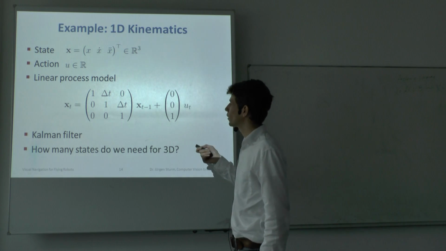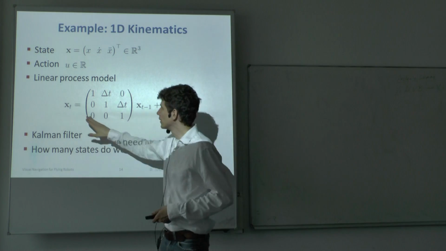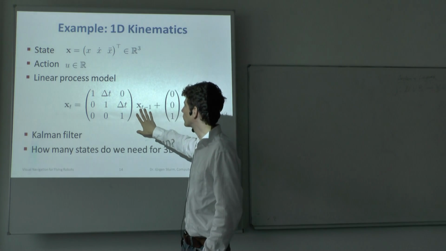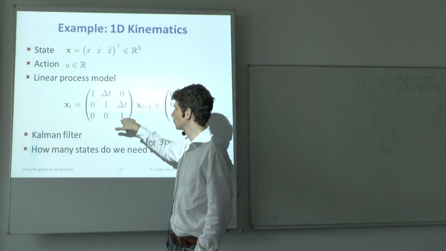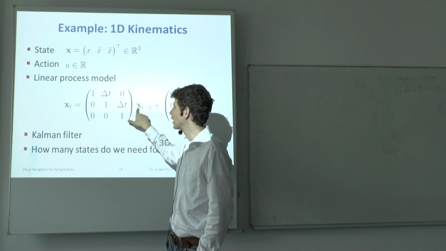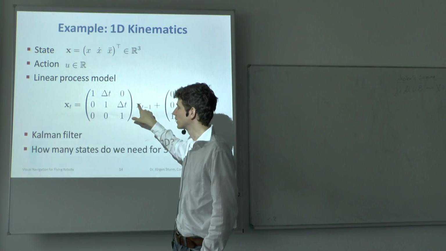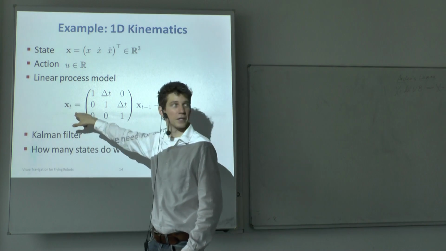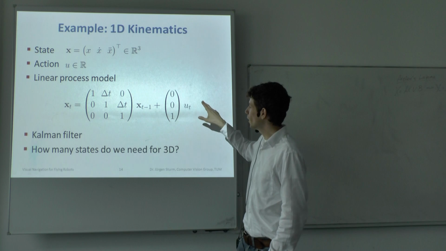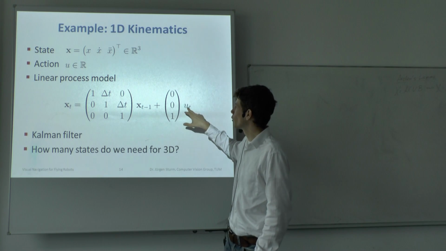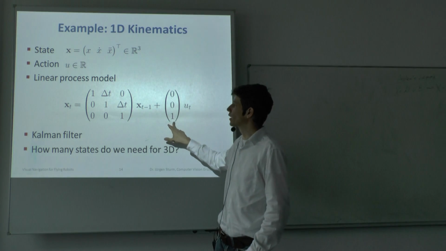So a linear model means that our current state in the current time step depends on the previous time step via a so-called system matrix. That is just a matrix that describes how the previous state transforms into the current state. And then there is a control that we can apply, and in this case our control influences the acceleration.